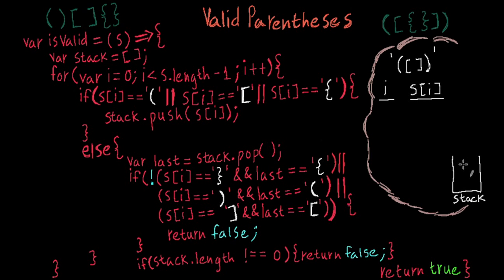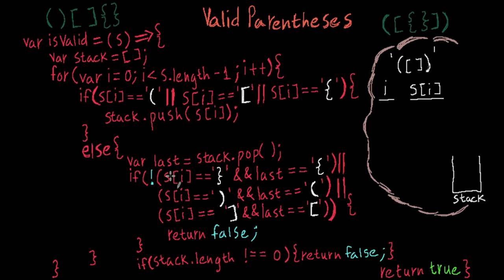What is the top element in the stack again? It's the last one that was inserted into the stack, right? LIFO, remember? So whatever I last inserted into my stack will be the first one that I can remove. And that's what the variable last has reference to. The element at the top of my stack is referenced in this variable last. So whenever I use last, it's basically holding the element at the top of my stack.